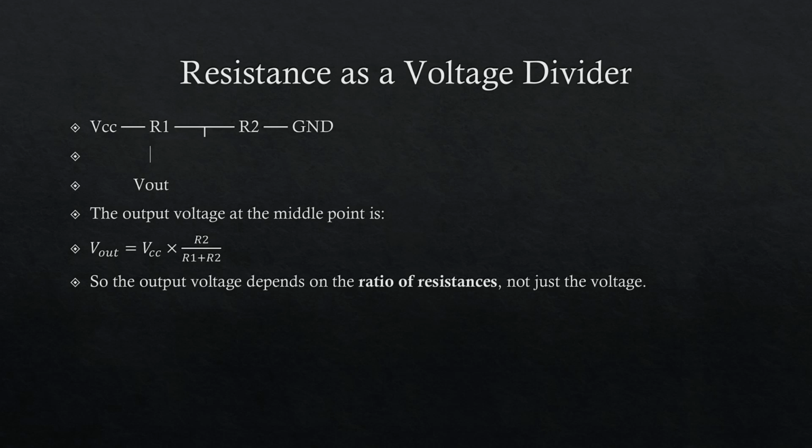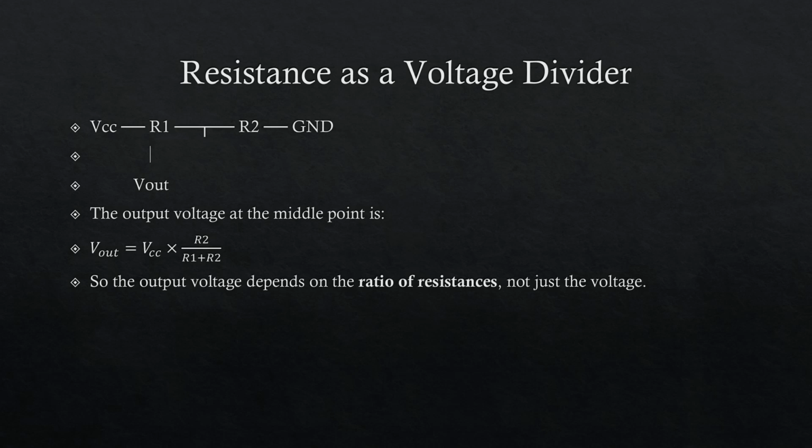Now we are going to talk about resistance as a voltage divider, and it is one of the most important uses of resistance. So in this circuit diagram, you can see that VCC is connected to resistance 1, which is connected to resistance 2 and ground. At the junction of resistance 1 and 2, we have the output.